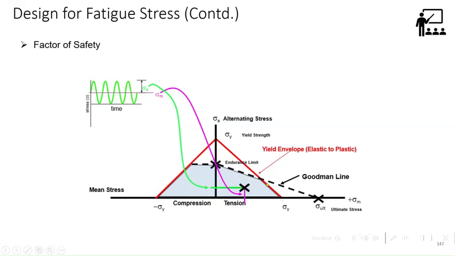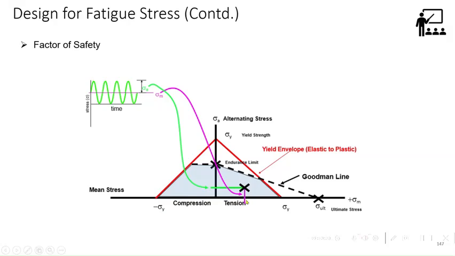So this is the yield envelope on the tension side as well as the compression side. And if you use a Goodman line, of course as per the equation, it starts with ultimate, and at R equal to -1 it will be the endurance limit, and in compression it remains constant, there is no change.